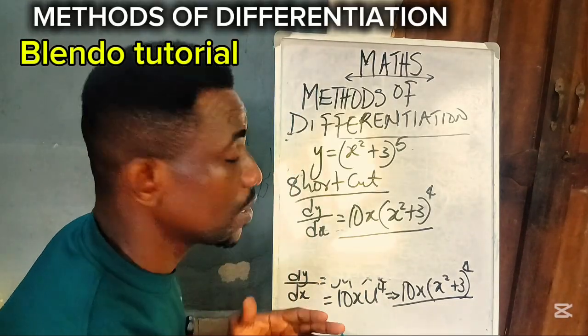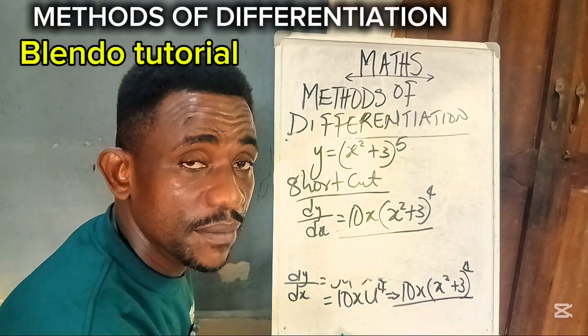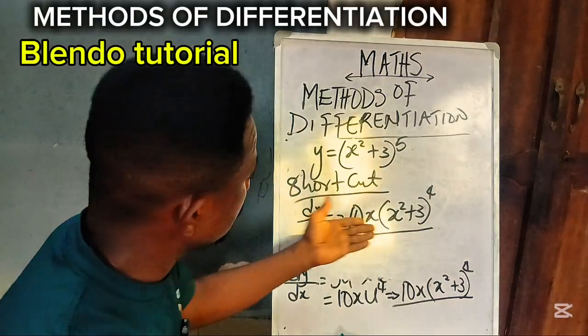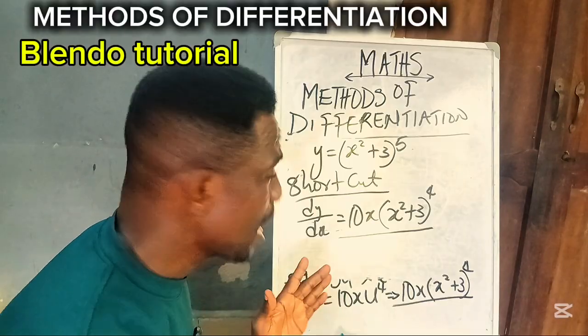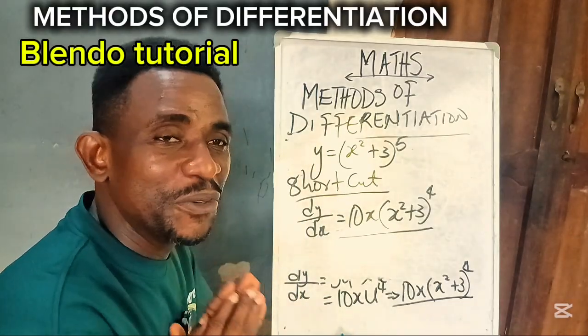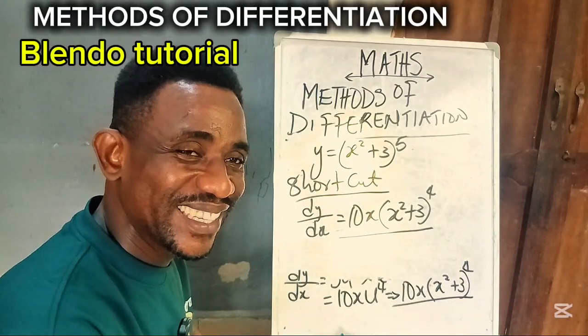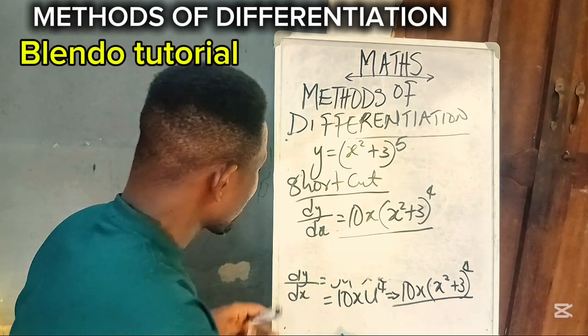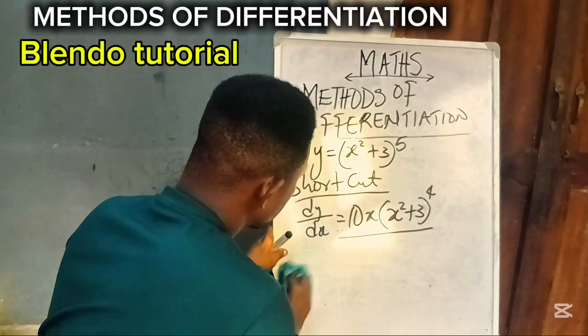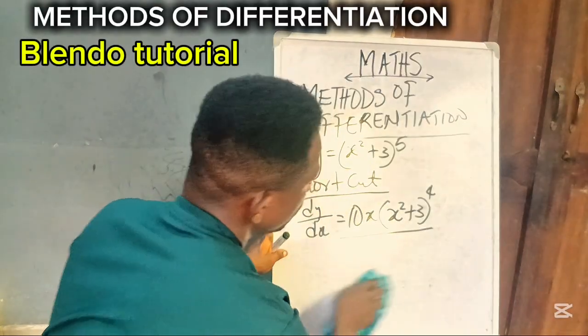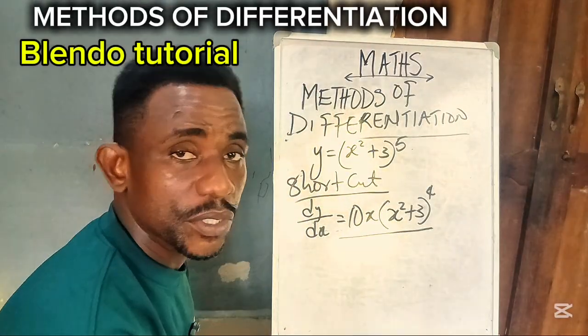Especially if you're preparing for an objective question exam, this is how you can solve it without stressing yourself. I'm so sure that chain rule is done and dusted. Now, there are other questions that could come up under chain rule, which you might find so difficult.